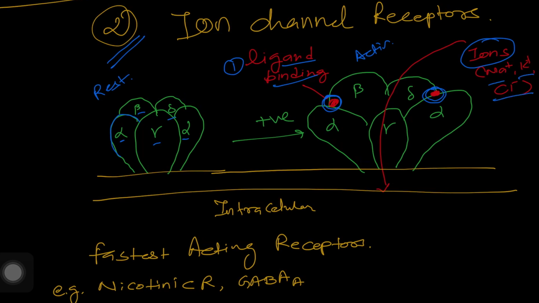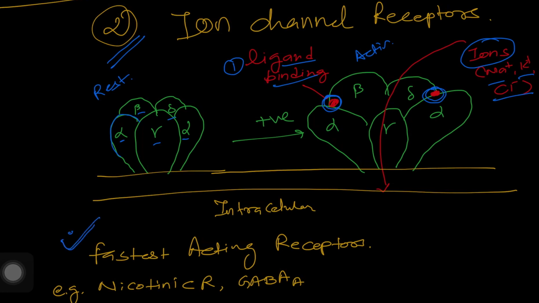Depending upon the site, the characteristic of the channels and the affinity to particular ions, there is movement of those ions in and out of the cell, and eventually that produces the response. So these are ion channel receptors, quite easy to understand.